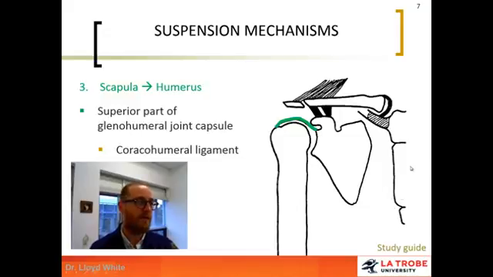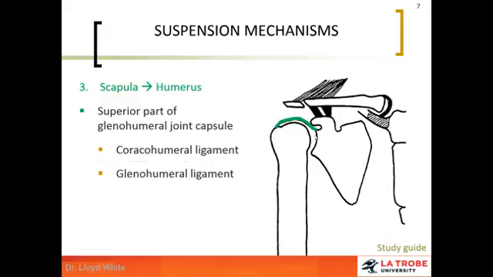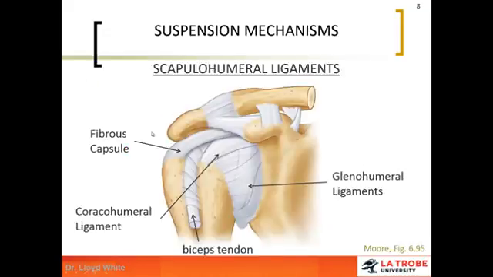We have the coracohumeral ligament running from the coracoid process to the greater tubercle of the humerus, so across the superior aspect of the glenohumeral joint, and the superior fibres of the glenohumeral ligament itself. So looking at the diagram again, we have the glenohumeral joint with the fibrous capsule arching superiorly, the coracohumeral ligament, and the glenohumeral ligaments more anteriorly.